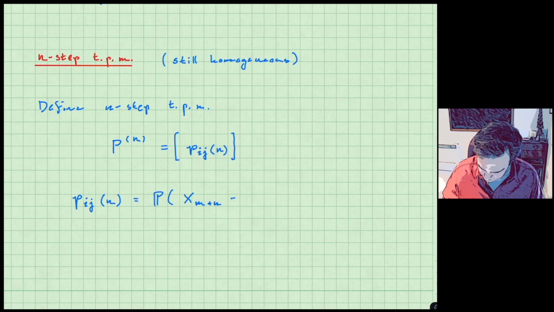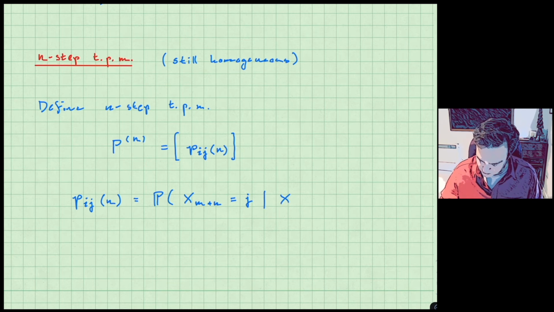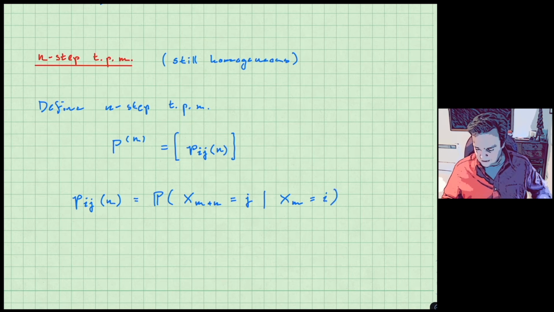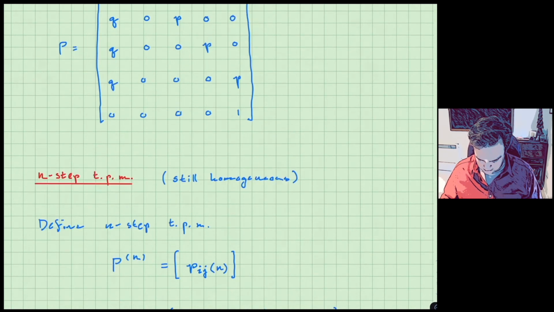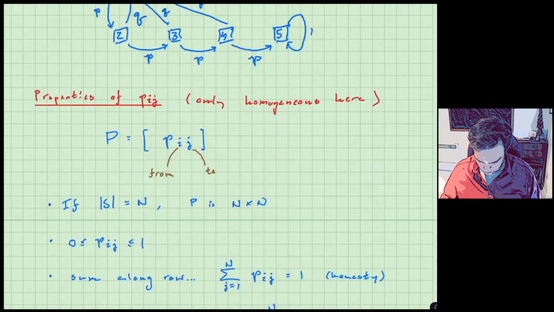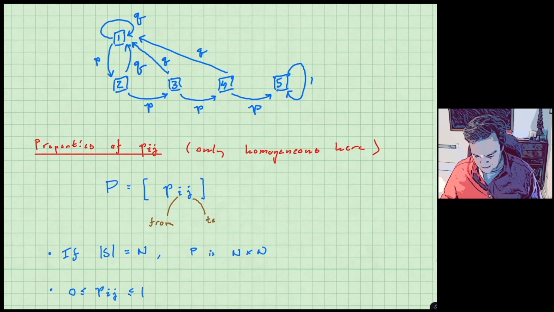So that's where you're going to, right? And the next one is where you're coming from, right? So that means at n steps earlier, it was at time m, and this is i, right? So that's going from i to j. Did I mess it up again? I think I got it right. Let's take a look. From i to j. Yes, got it right.